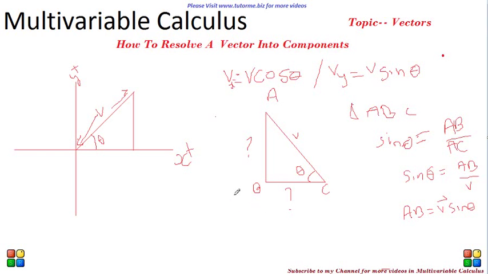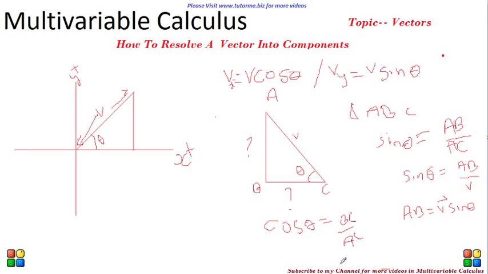Let's try to find BC. So we have AC and we have BC. Since we already know what AB is, we could use AB, but let's try to stick with AC and find BC. The expression that we can use to include those two quantities would be cosine of theta. Cosine of theta would be base over hypotenuse, AC.